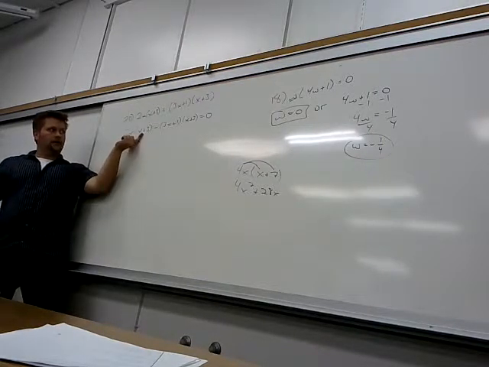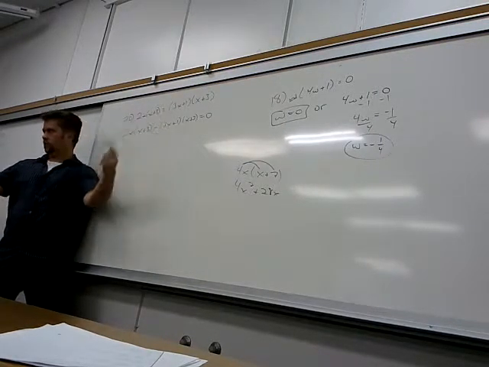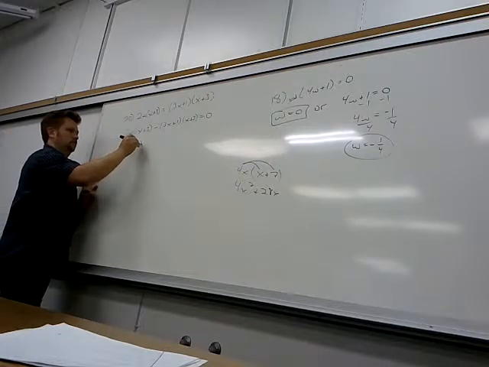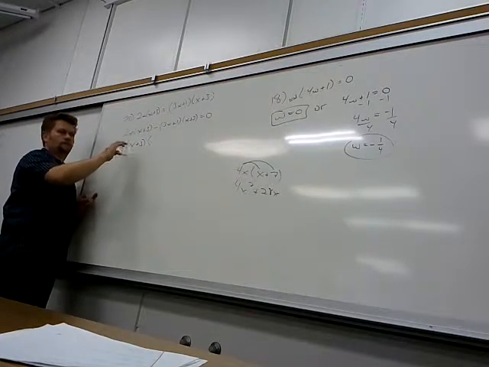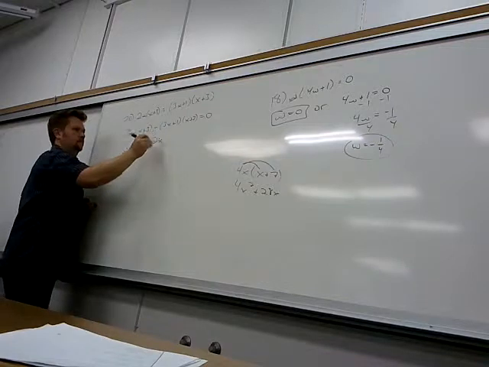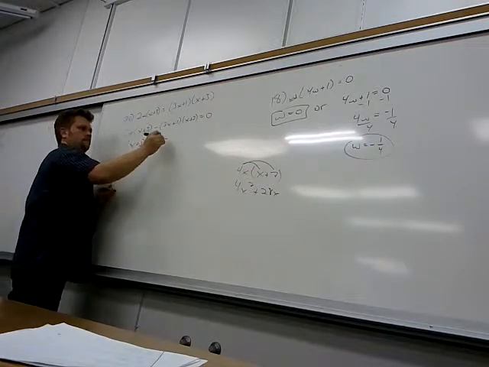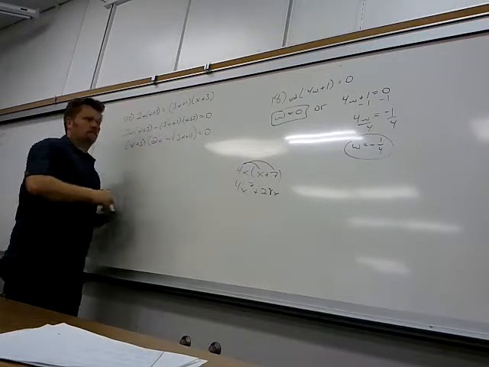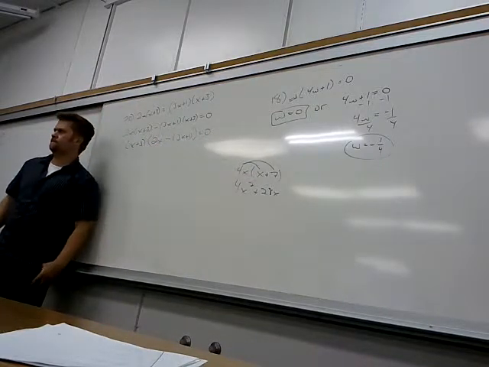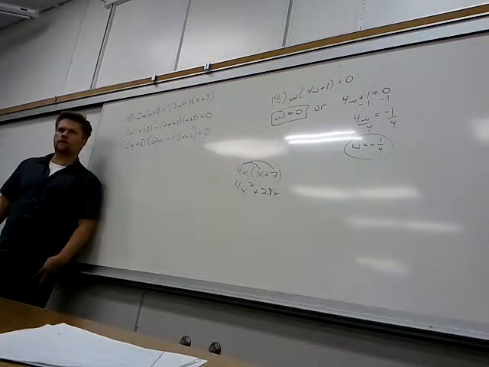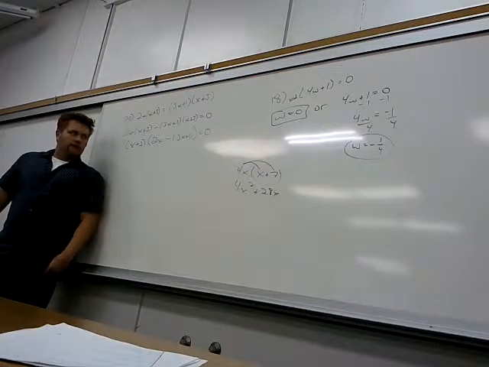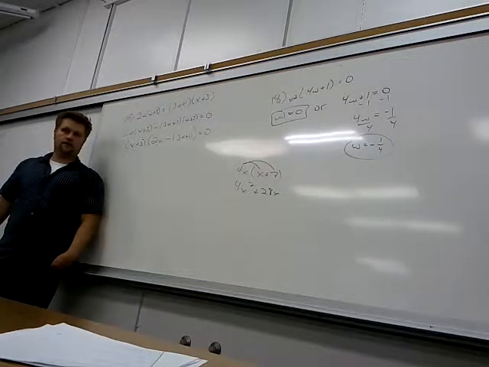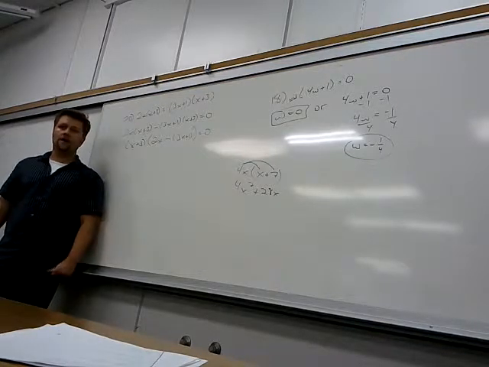What can I take out of here and here? x plus 3. And then what's left? 2x minus 3x plus 1. But if there's two x plus 3s, you're only taking one out? Because there's only one.